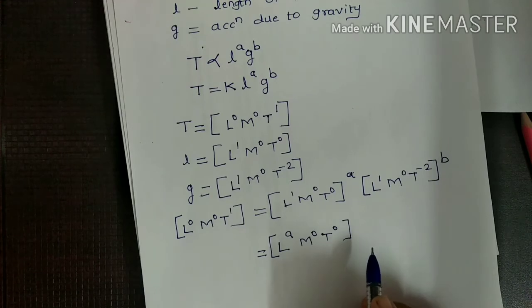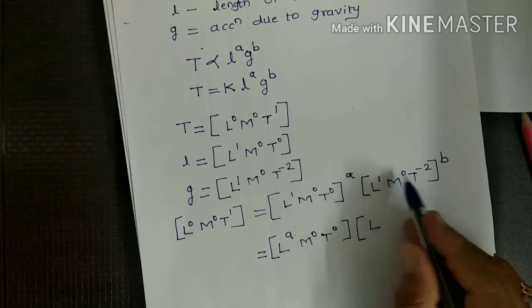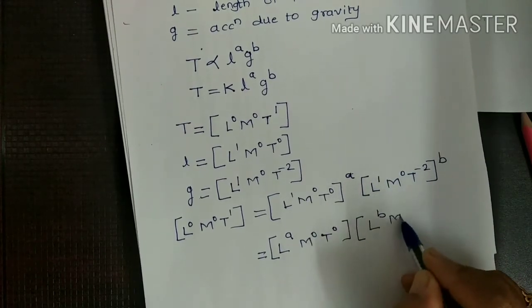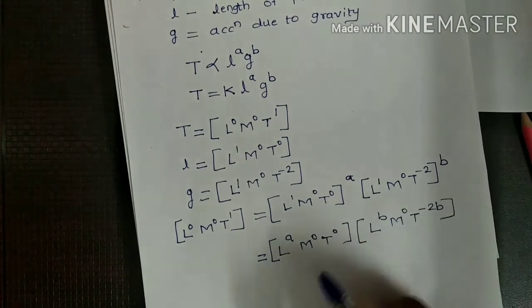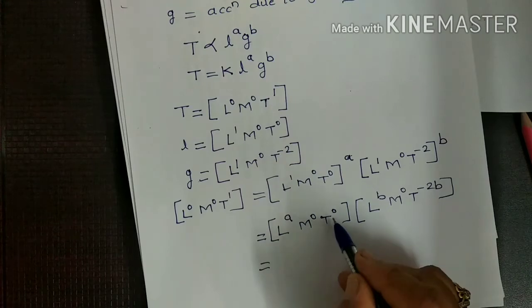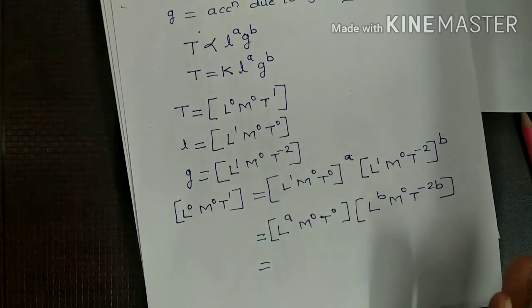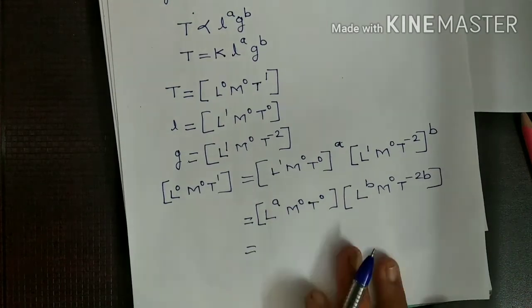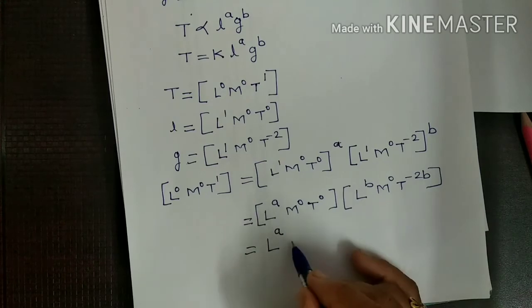Then here again L raised to the power b, M raised to the power 0, T raised to the power minus 2b. M raised to the power 0 becomes 1. Then here we have remaining L raised to the power a into L raised to the power b.